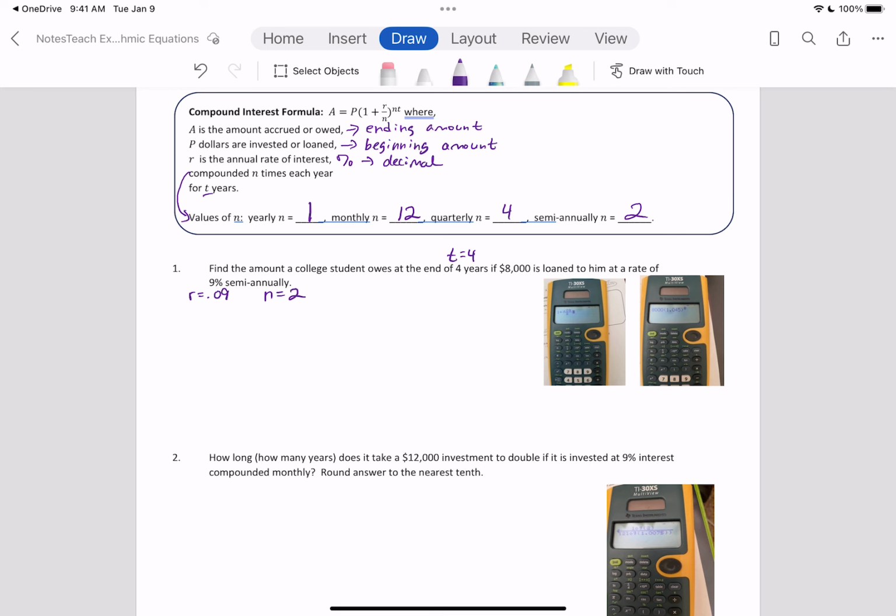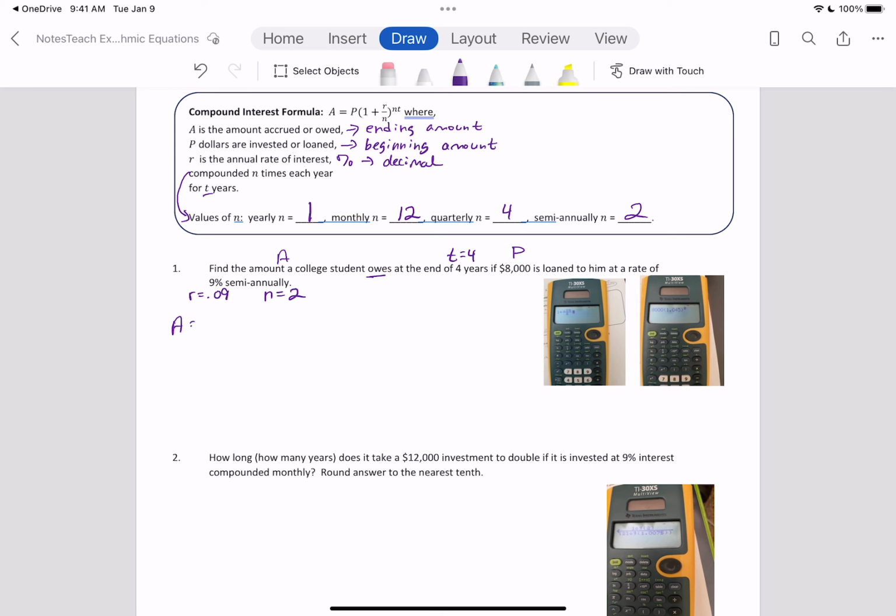So I have to decide, do I have A looking for P, or do I have P looking for A? So the $8,000 is what was loaned to him. So that is my beginning amount. So that's P. And we're looking for how much he's going to owe afterwards. So that's the ending amount.